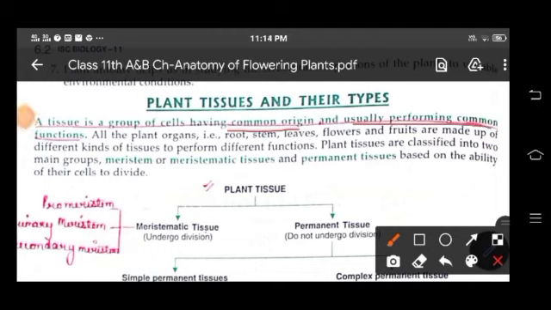All the plant parts like stem, leaves, flower, root and fruits are made up of different kinds of tissues performing different functions. Plant tissue is divided into two main groups, meristematic tissue and permanent tissues.